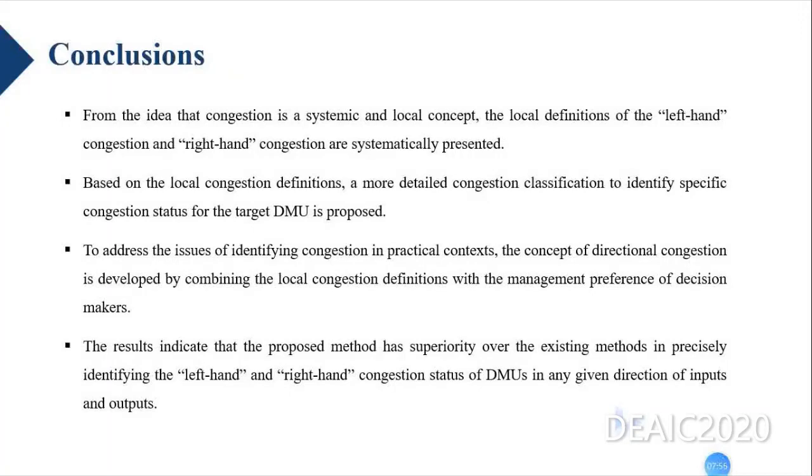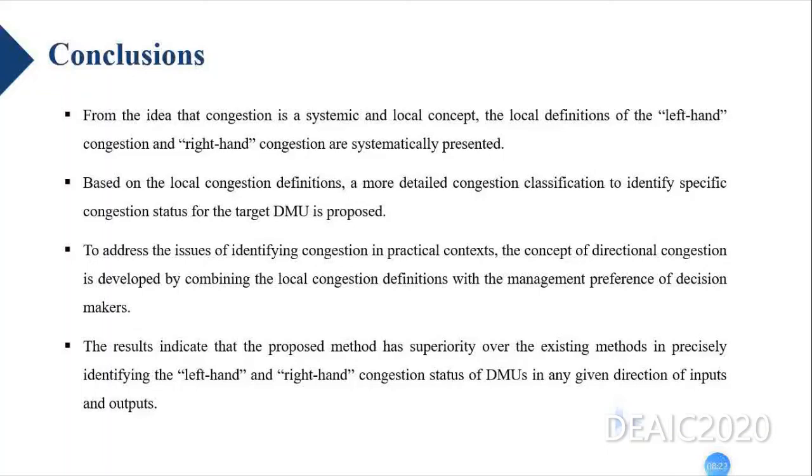Secondly, based on the local congestion definitions, a more detailed congestion classification, that is, weak and weak, strong and strong, weak and strong, and strong and weak, these four categories of congestion is proposed in our work.